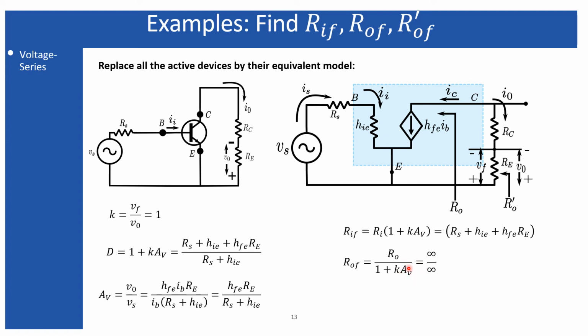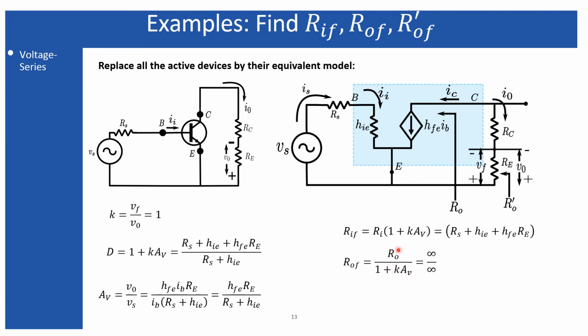So A small v exists in the expression of Rof, and A small v means without load. So when the load is infinite, in this case Re is actually the load, so when you take this load off from the circuit, without considering the load, then A small v will result.